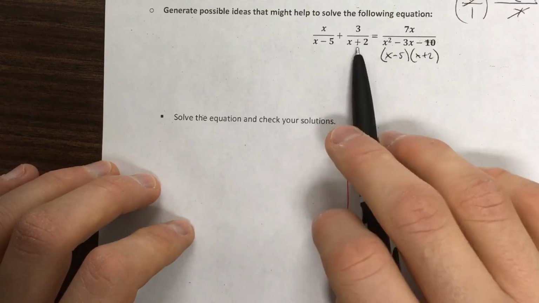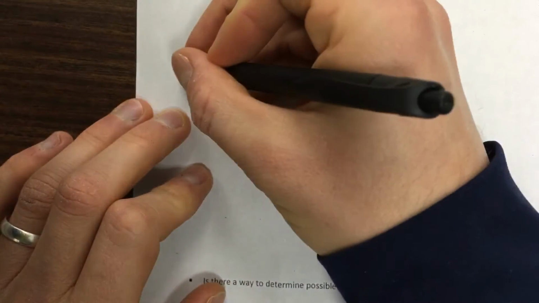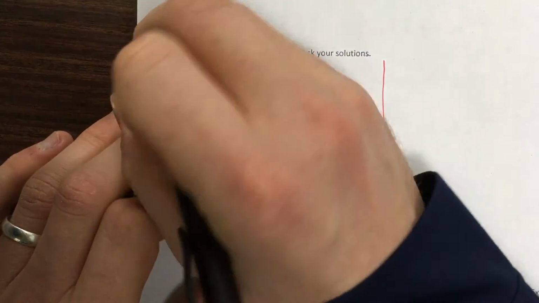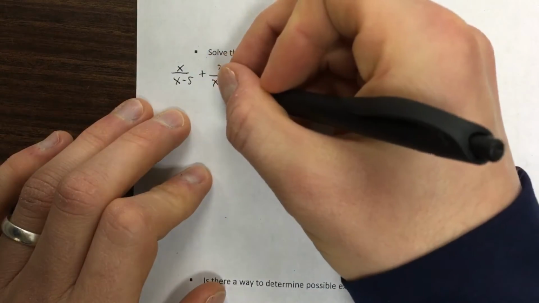Here we could get a common denominator. So I'm going to try to do that over here. We have x minus 5 plus 3 over x plus 2.